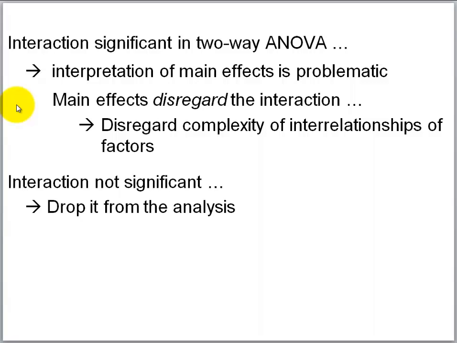The best thing that you can do in interpreting your results is to do a good job of describing the interactions. Now, in this particular ANOVA, the interaction term was significant. Now, if an interaction term is not significant in an ANOVA, what is usually done is that the term is dropped from the ANOVA. In other words, you run the ANOVA only with main effects.